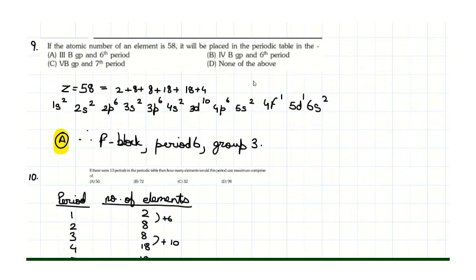Now the latest electron enters the sixth orbit and we have group 3 and f block because we have 4f here. Thus it would belong to the 3b group and sixth period.